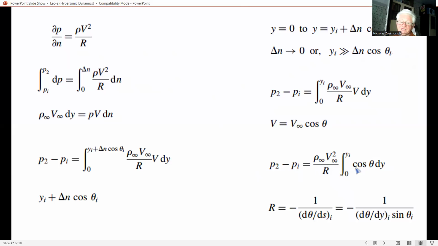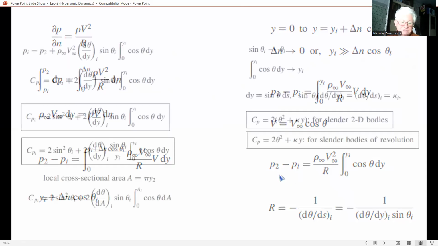Recall from the definition of radius of curvature at point 1, we write this expression in this form: R will be minus 1 over d theta over ds at point 1, or it equals minus 1 over d theta over dy at point 1 times sine theta 1.